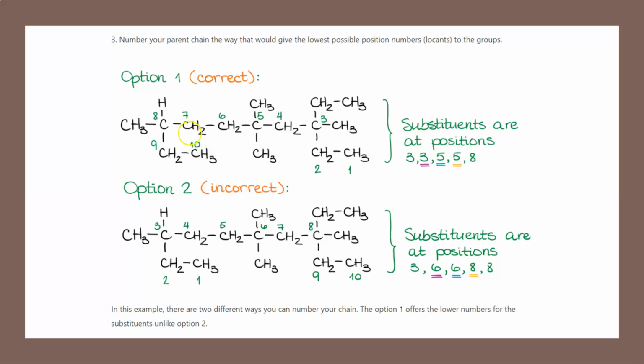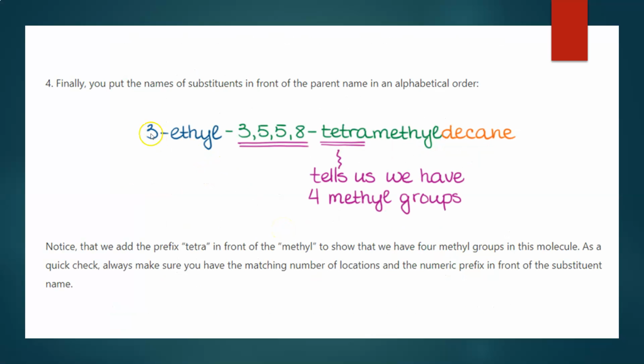As you can see here, you have a methyl group in 5, and you have here 1 in 8. And the ethyl group is in atom 3. That's why you say 3-ethyl 3, 5, 5, 8 tetramethyl decane.